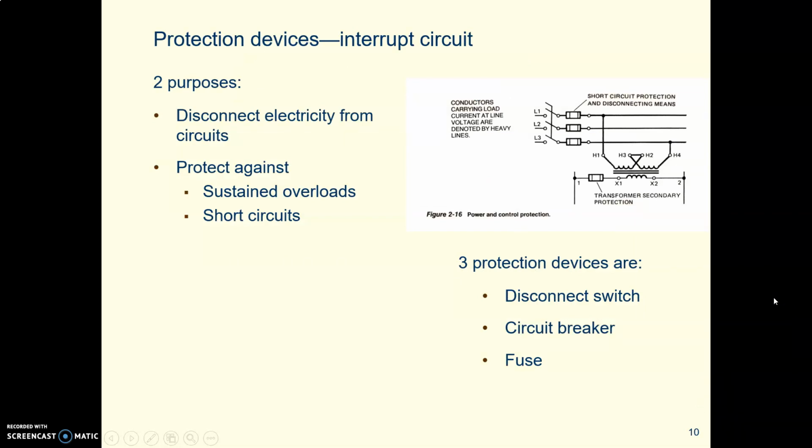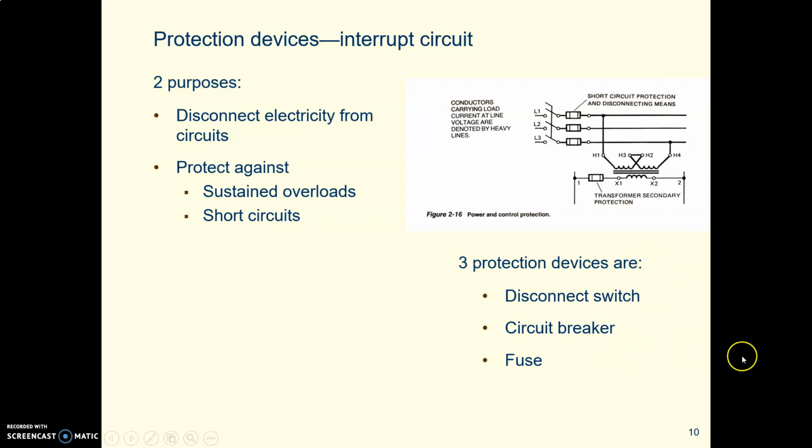We are required to have protection devices that will break the circuit either because we need to or we want to, or because something bad has happened like an overload and we need to break the circuit. And one of the questions in our assignment says, what are the 3 types of protection devices? Here they are: disconnects, breakers, and fuses.